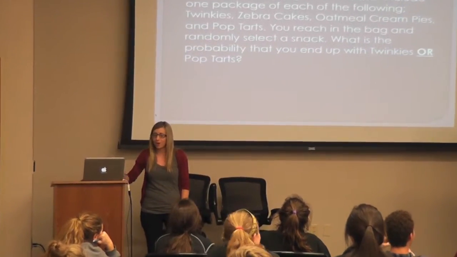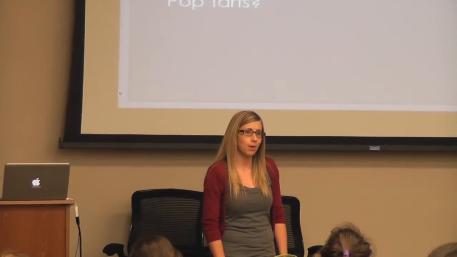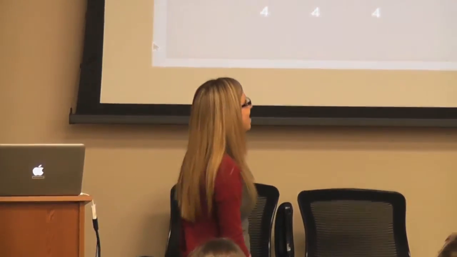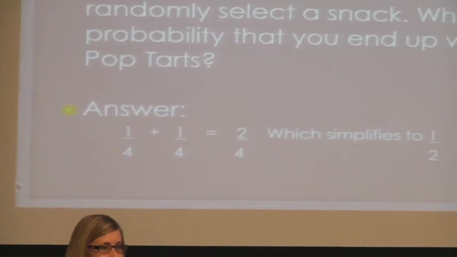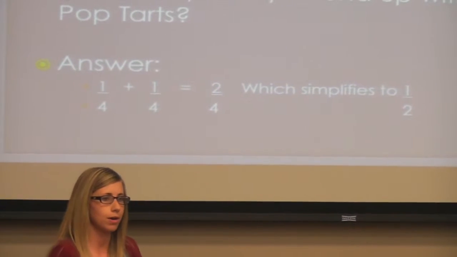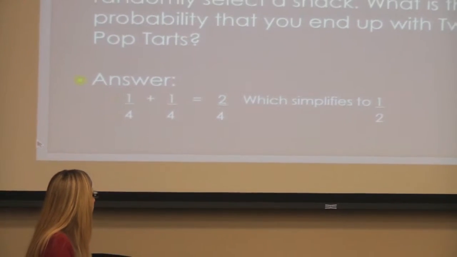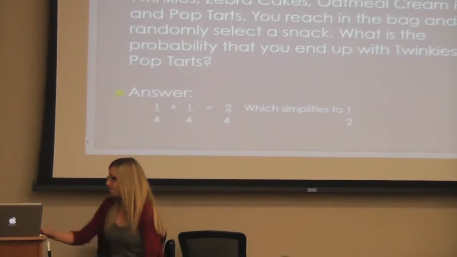First you find your probability of selecting a Twinkie. What's the probability of getting Twinkies? 1/4, because there's only 1 package of Twinkies out of 4 total different snacks. The probability of Pop-Tarts is the same, 1 over 4. So you add these together because it's OR, and whenever you see OR, that means add. And you get 2 over 4, which simplifies to 1/2.